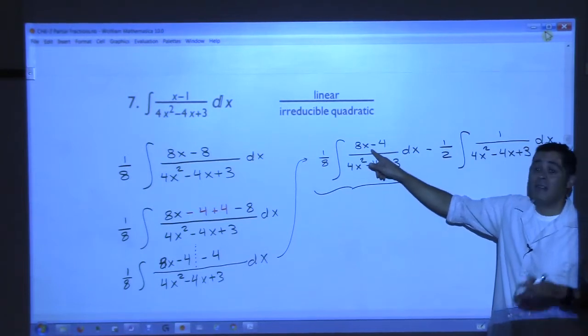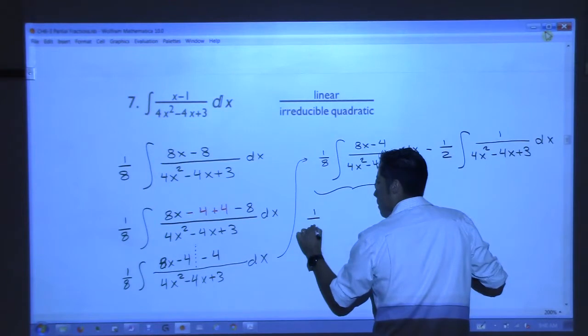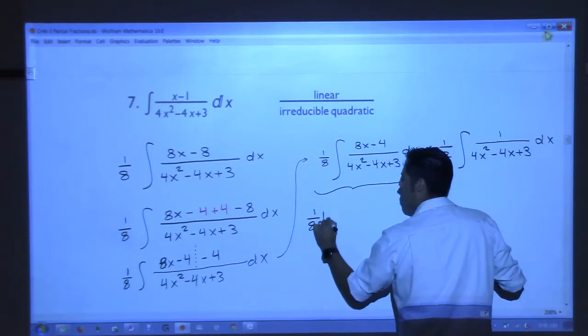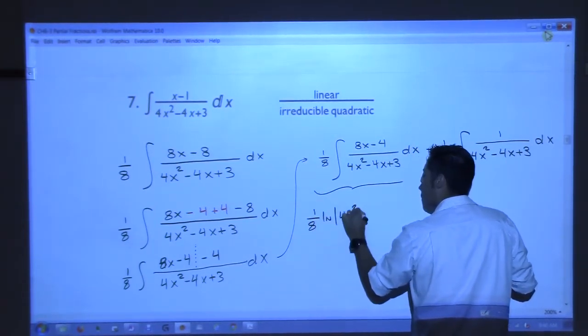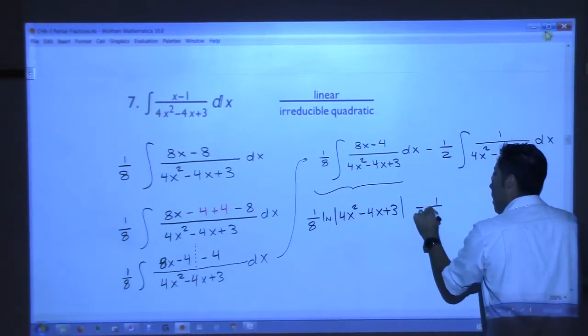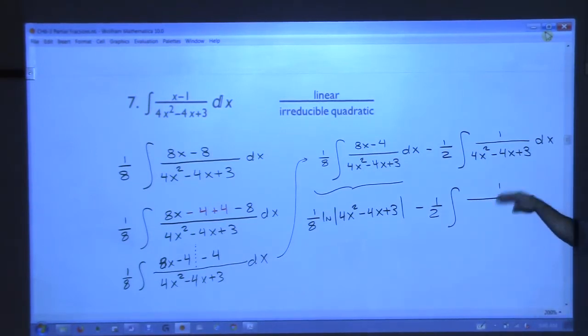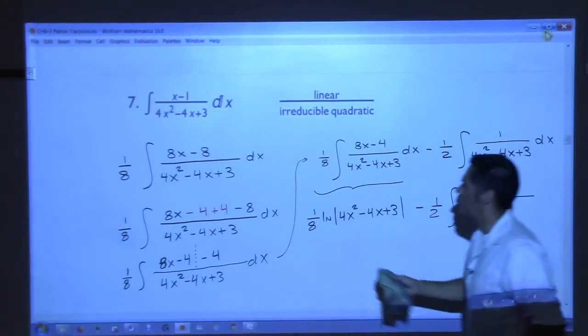No, because the derivative is exactly the top, so we already have that taken care of. We still have the 1/8, and then it's natural log of 4x squared minus 4x plus 3, and then minus 1/2 this integral. And I'm going to come back to this. I'm actually going to go complete the square over here real quick.